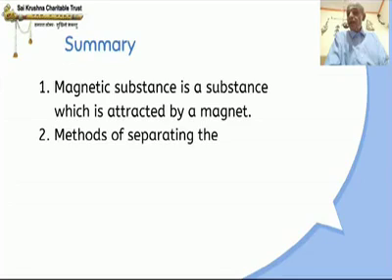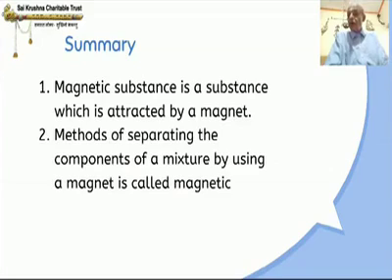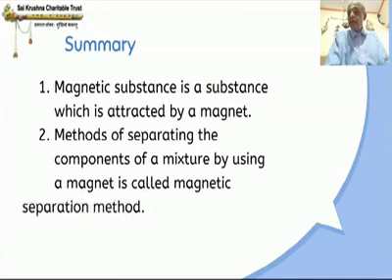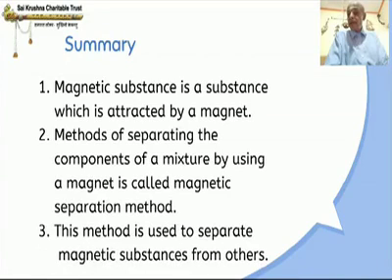Second point, the method of separating the components of a mixture by using a magnet is called magnetic separation method. Then third point, this method is used to separate magnetic substances from others, right?